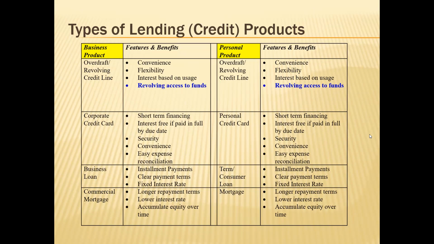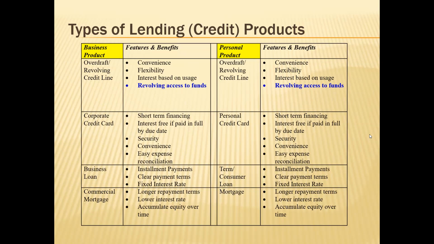What happens with a credit card? When you get a credit card, they give you what, a limit, right? Yeah, and you have to keep replenishing the funds in order to use the card. Exactly. That's why it's called revolving access to funds.